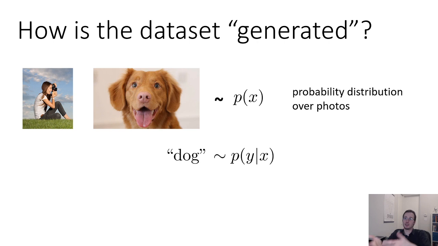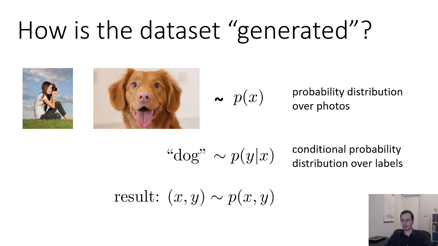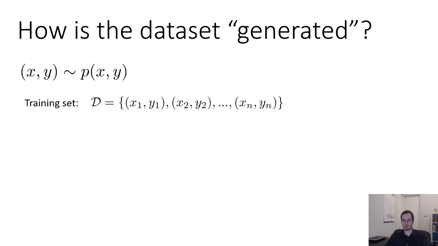You could think of it as a decision that a person makes when they label the picture. So by the chain rule of probability, we can compose these two and generate samples, x comma y, from their joint distribution, P of x comma y, which is just equal to P of x times P of y given x. So we could assume that our data set is sampled from this distribution.